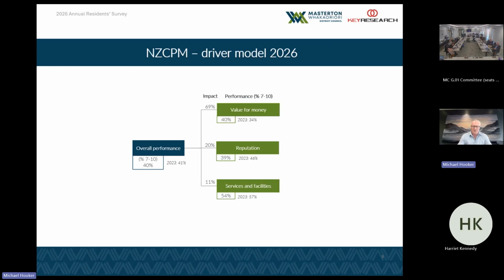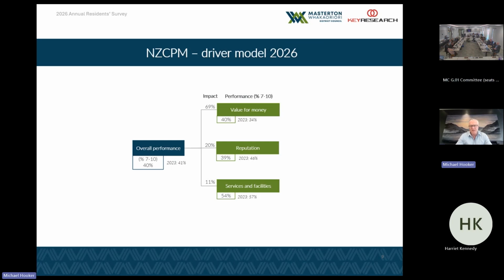So the purpose of the model is to point out where your overall performance is being driven from at this point in time. And I reference back to a slide that I showed at the top of the presentation, which showed a really nice uplift in perceptions of value for money, but quite a decline, a greater decline, in terms of the reputation perceptions.